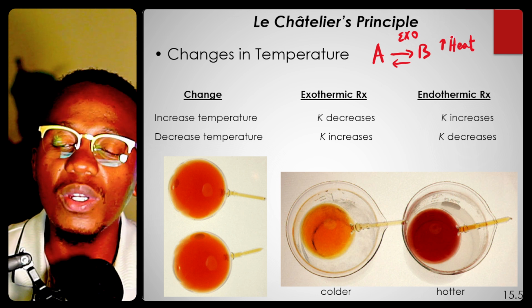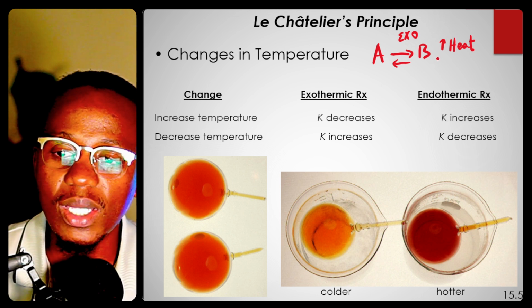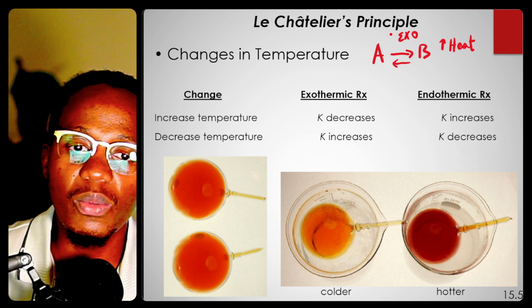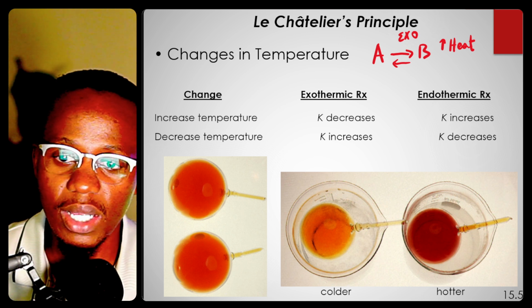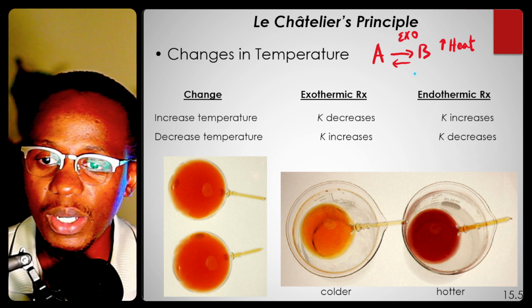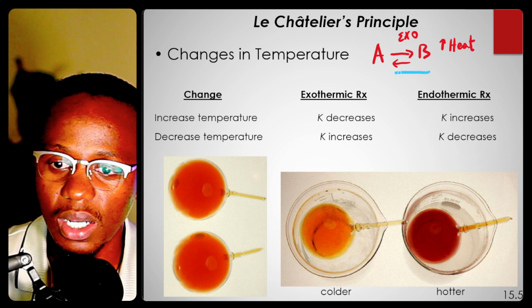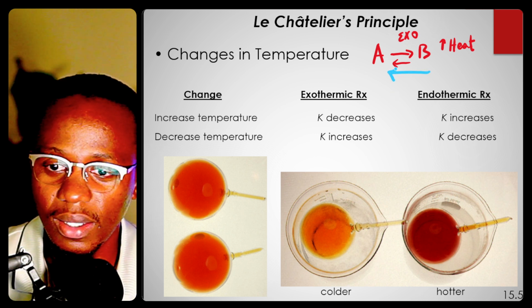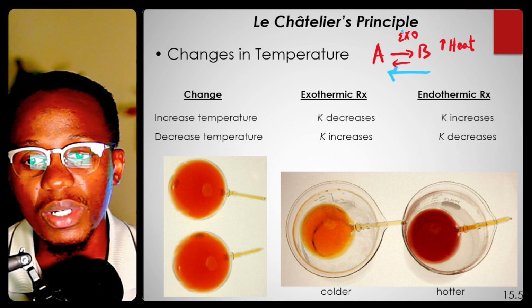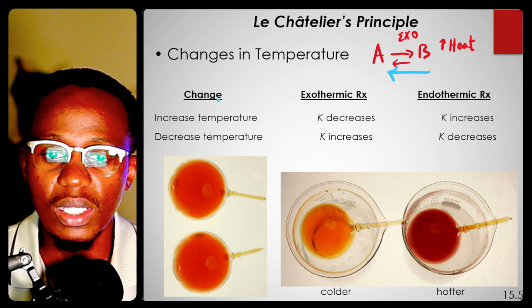So if it's exothermic and you increase the temperature, the reaction will react in a way that decreases the temperature. So in an exothermic reaction, if you increase the temperature, it will go that way. And if you decrease the temperature, it's going to go the other way. So this is what it's saying.